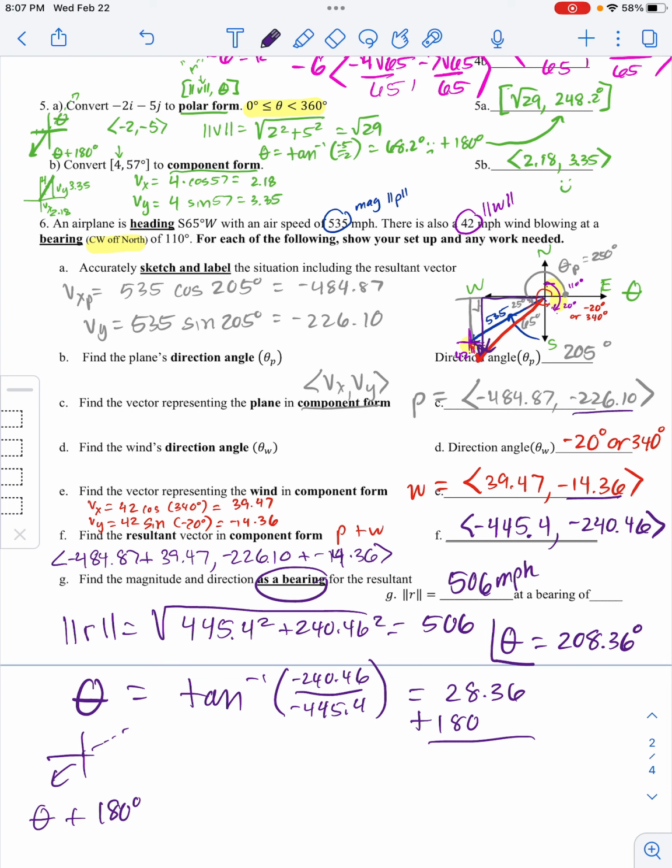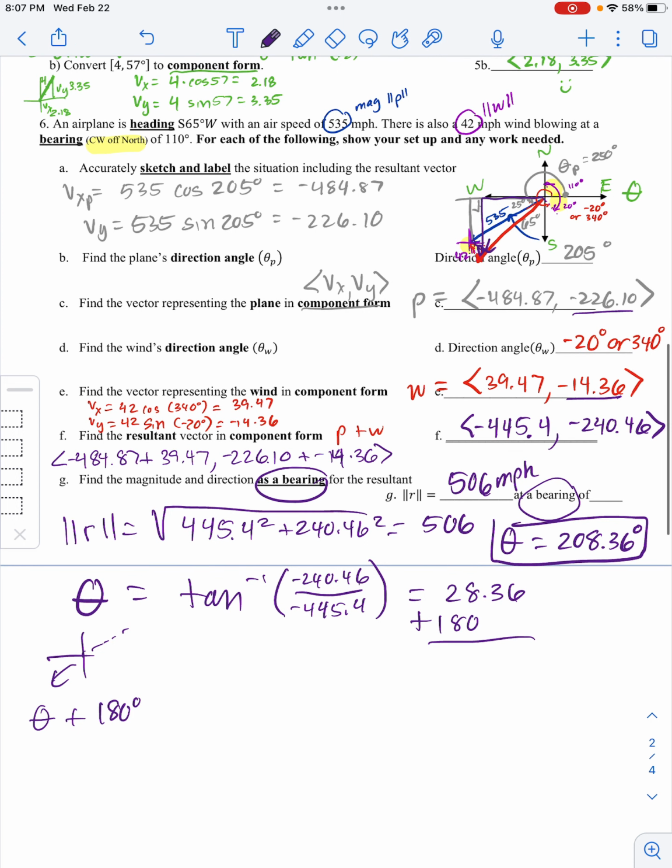And my theta is 208.36 degrees. However, this is asking for bearing, and bearing is clockwise off north. So let's figure this out. My theta was 208. So over here, that's 208.36. That's my resulting vector. That's where the plane is going with the wind impacting it.